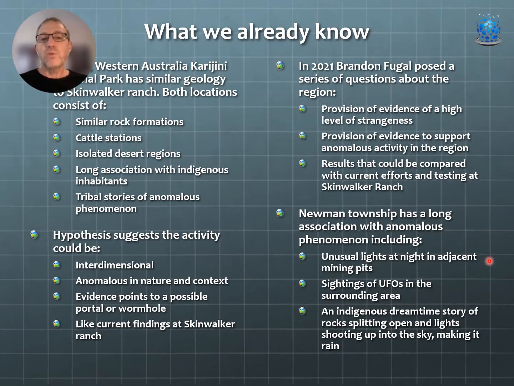And that includes unusual lights at night in the adjacent mining pits, sightings of UFOs in the surrounding area, and an Indigenous Dreamtime story in Newman town itself of rocks splitting open and lights shooting up into the sky that made it rain, and they used to dance around these objects or rocks thinking that they were going to make it rain, which to me refers to a UAP or UFO phenomena over many thousands of years. And in fact, the town swimming pool is built over top of that site.